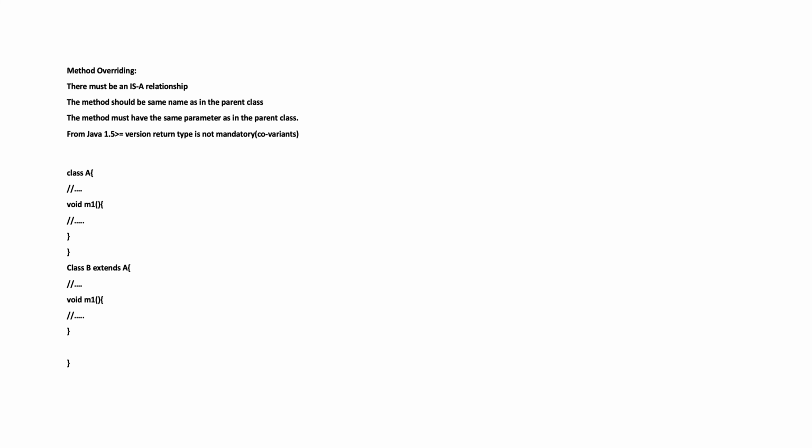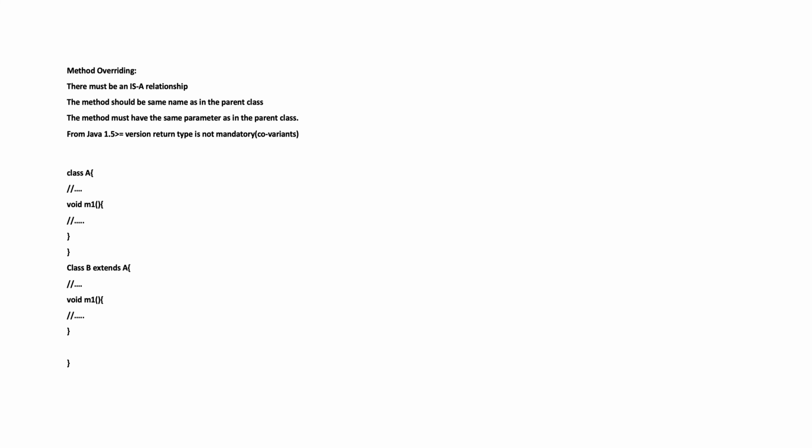And then, suppose in the parent class you have a method m1, and in the child class you have to define the same method, the same name. Then only we call the two methods overridden.